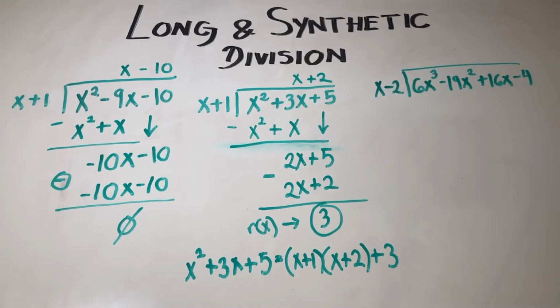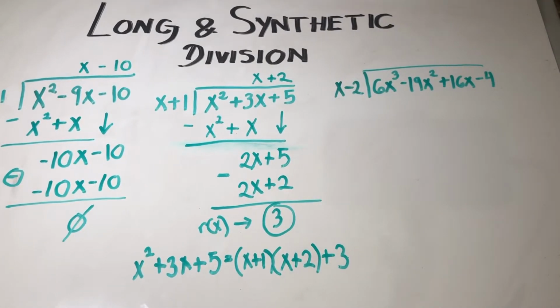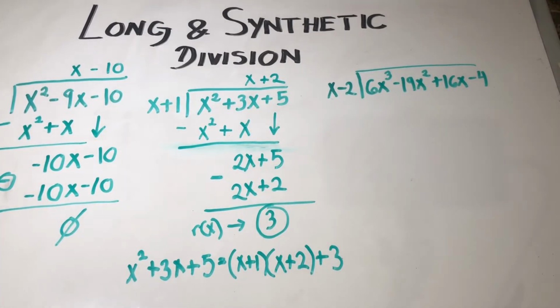Moving on to our last example, we have a higher degree polynomial. Let me move the camera just a little bit right here. We have 6x cubed minus 19x squared plus 16x minus 4 divided by x minus 2. Now don't panic if you have a higher degree.